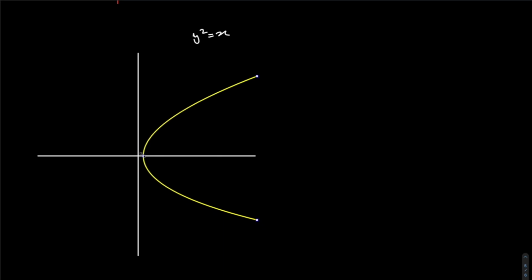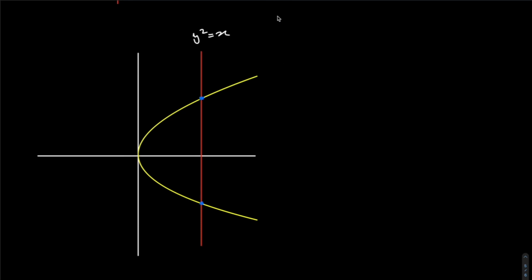Now if I draw a red vertical line right through here, smack down the middle, what I notice is I have two intersection points. One is right here and one is right here.